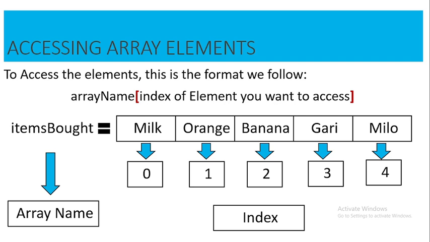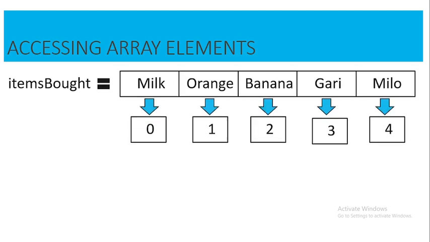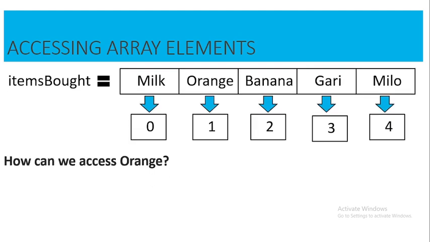To access the individual element, you use what? The index of the element. How can we access orange? In the syntax, you write the array name, square bracket open, then the index of the element you want to access, then square bracket what?